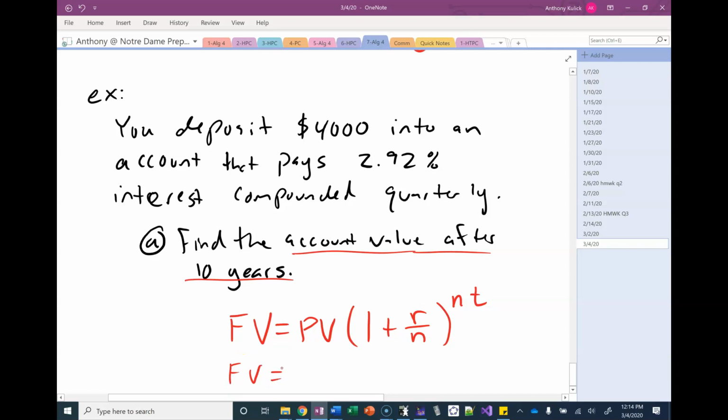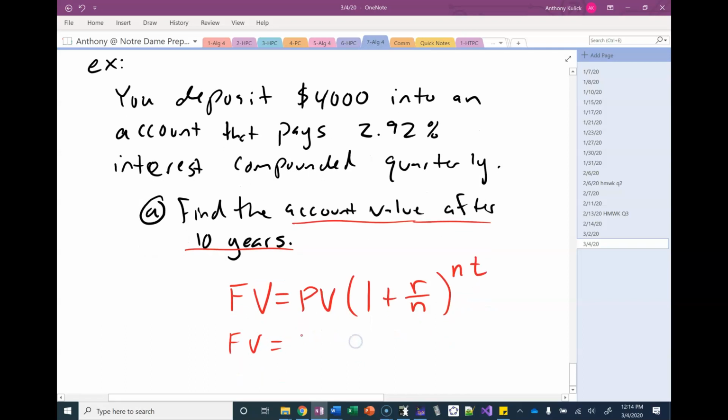PV is the present value, which would be what in this case? 4,000 is correct. That's how much money we initially put in. What does R represent? The interest rate as a decimal. So in this case, it would be 0.0292.